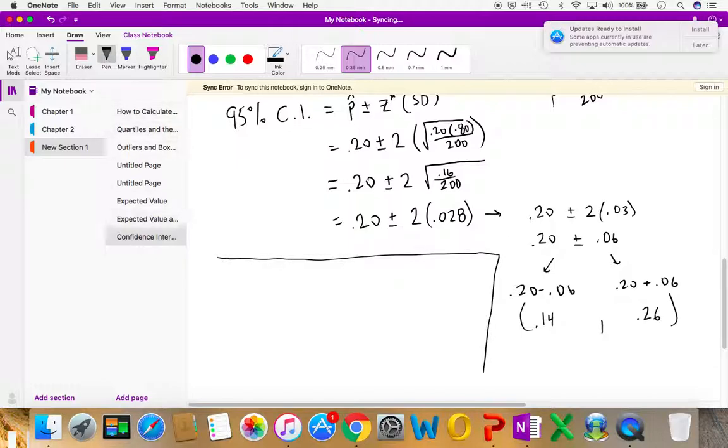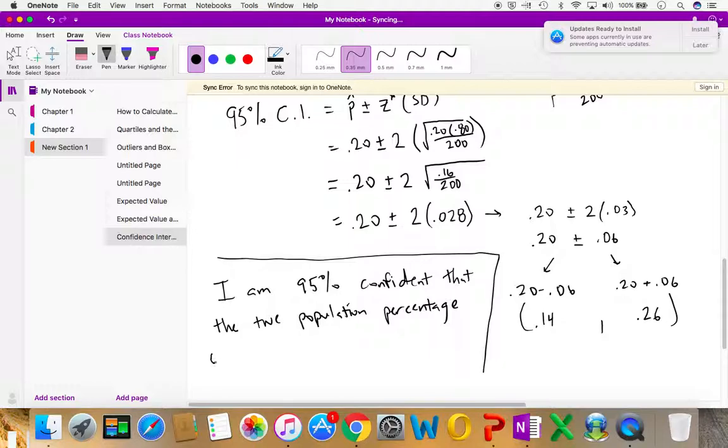So how we put this into words, I would say I am 95% confident that the true population percentage of adults who drink seltzer is between 14% and 26%.